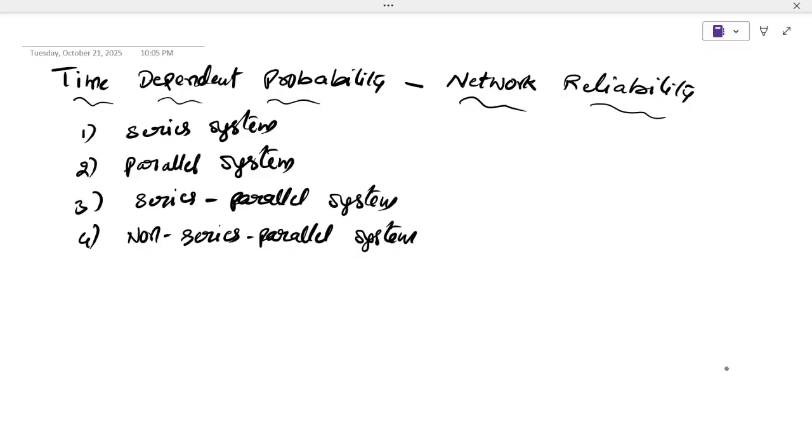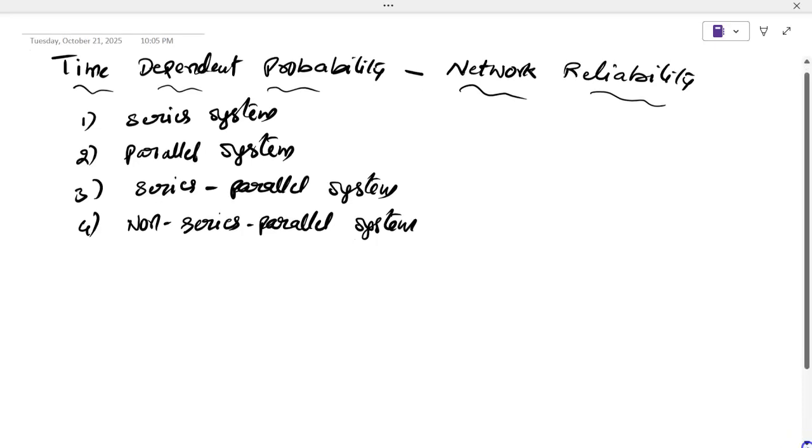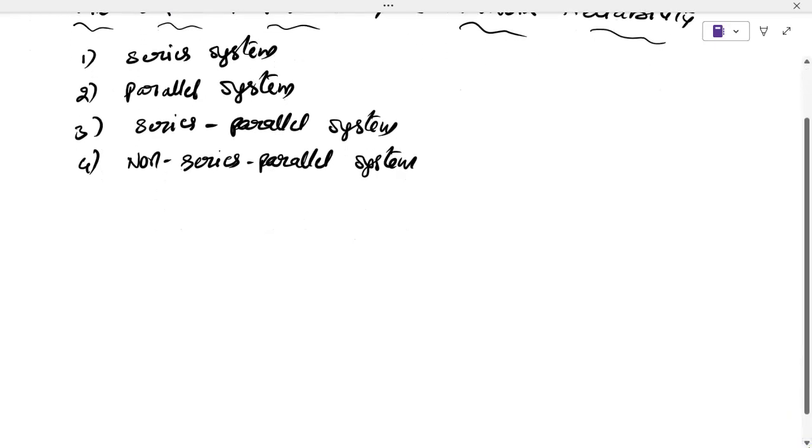Here the main concept is to explain this network reliability analysis using time dependent probability. First one is series system. We'll see.